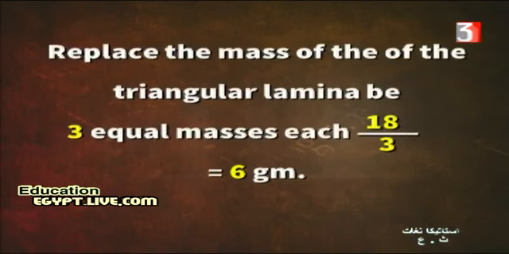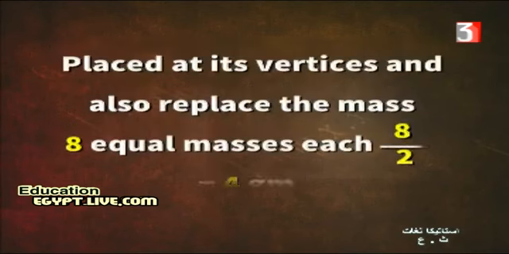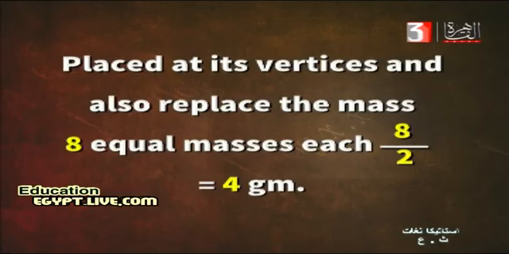Solution. First, replace the mass of the triangular lamina by 3 equal masses, each one 6 grams, placed at its vertices, and also replace the mass 8 by 2 equal masses, 8 divided by 2, each one equal to 4 grams.